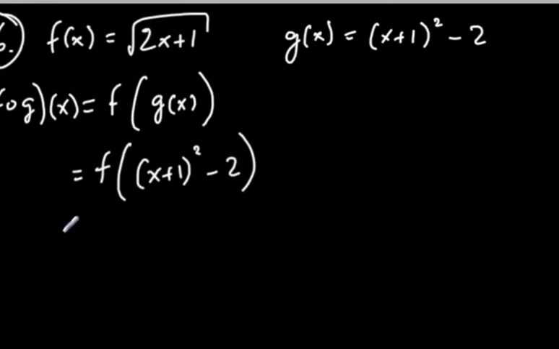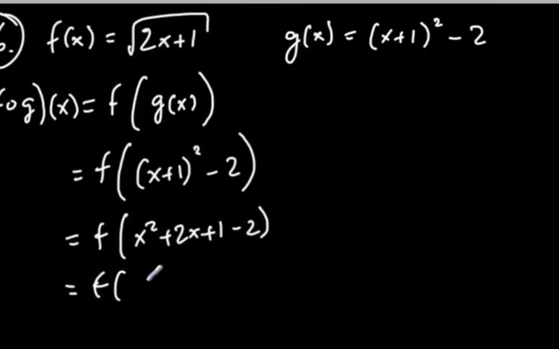What I'm going to do is I'm just going to expand this, it'll make my life a little easier. So it's going to be x squared plus 2x plus 1 minus 2, and if I simplify that, it's f of x squared plus 2x minus 1.